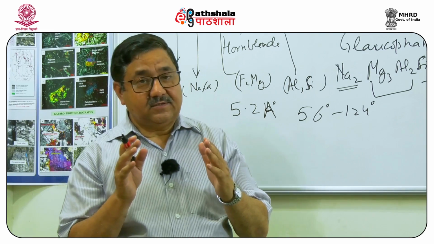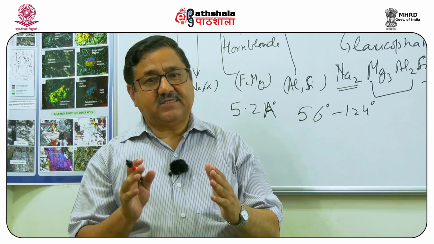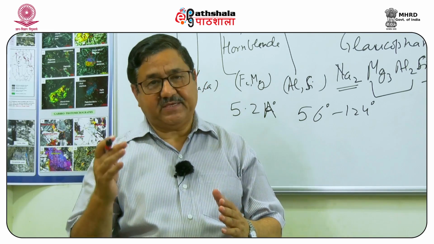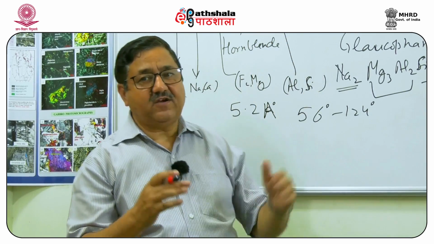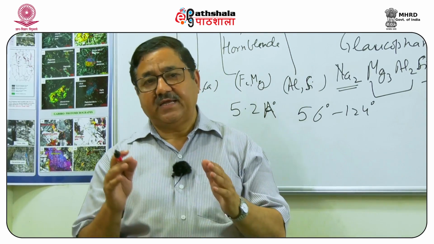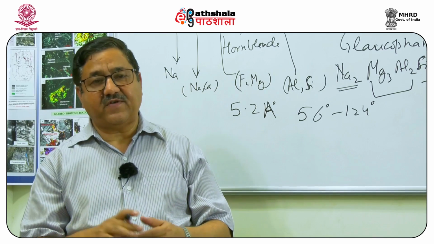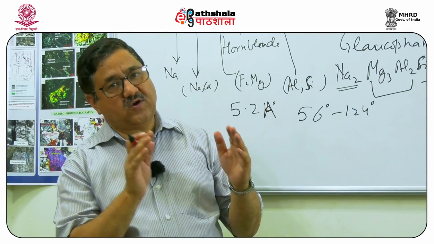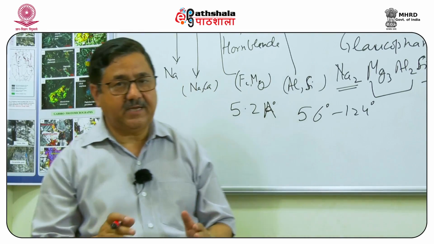So, the properties of amphiboles are controlled by their chemistry. That is, the different kinds of amphiboles describe different types of properties. Similar to pyroxenes, the amphiboles also crystallize in two different crystal systems, that is the orthorhombic and monoclinic.